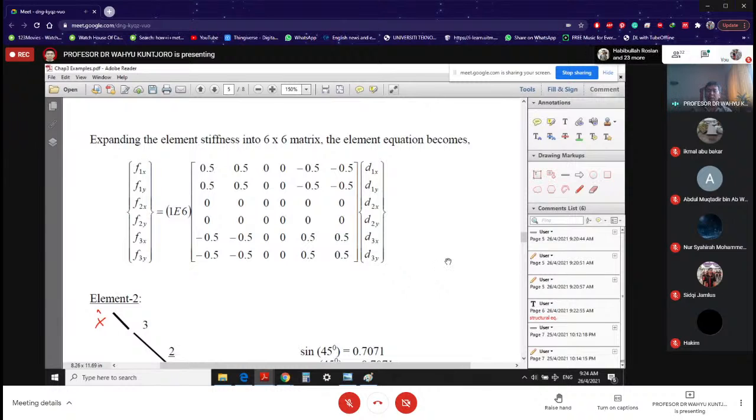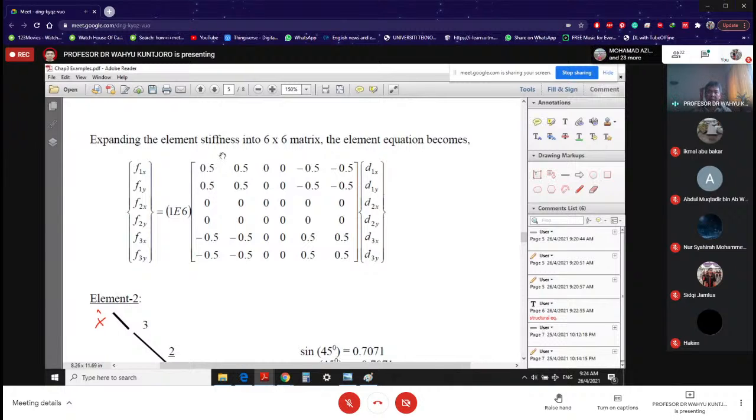Please observe that anything to do with F2X, F2Y, D2X, D2Y is going to be 0 in this matrix. Make sure your mathematics is up to par so that you understand this expansion matrix. Should be okay with you.